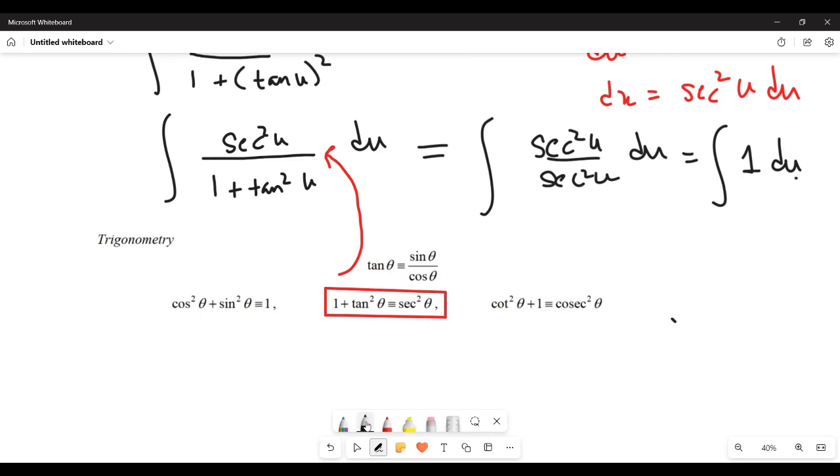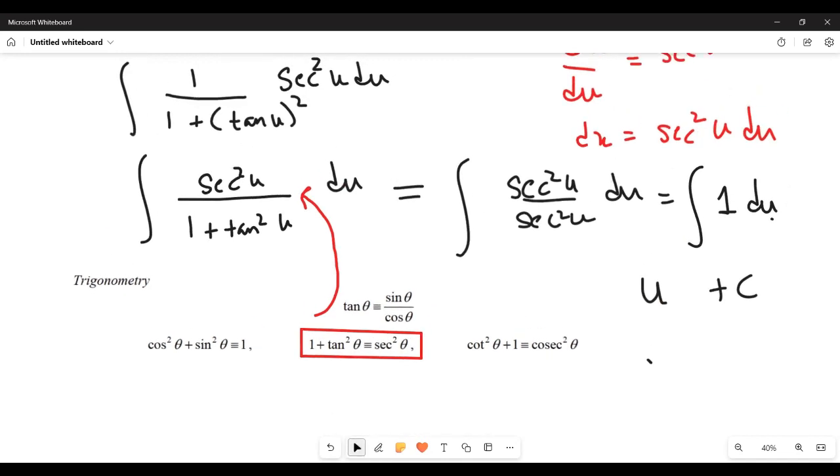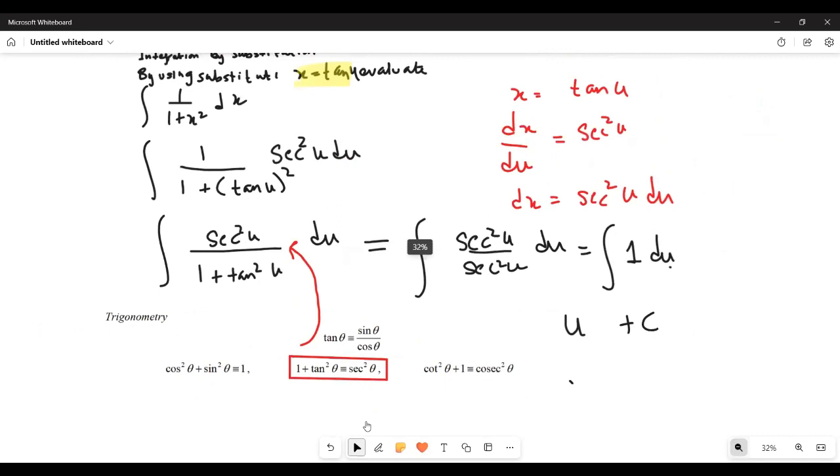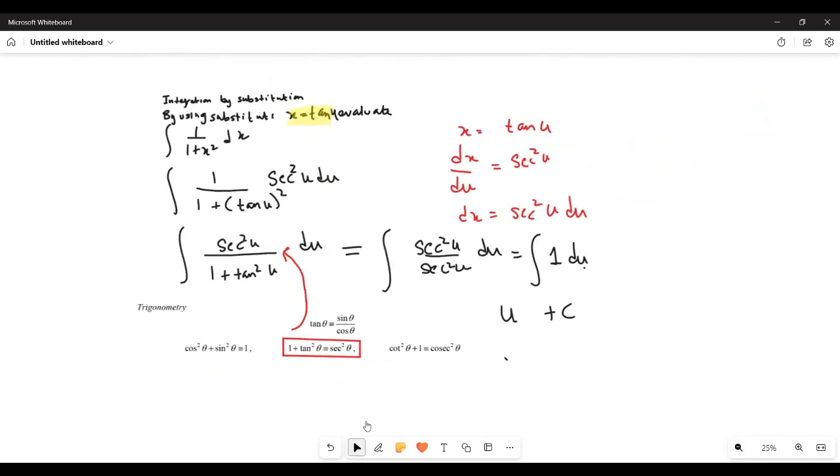So u would be the answer, u plus c. However, u has to be replaced with x. So let's go back to the original substitution given to us. Make u the subject, so u equals tan inverse x. So our answer would be tan inverse x plus c.